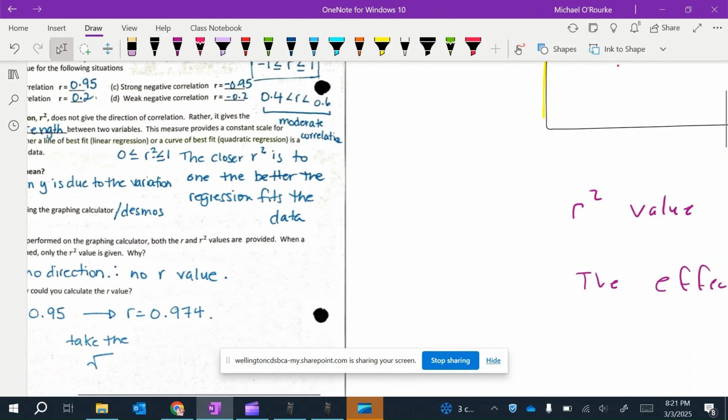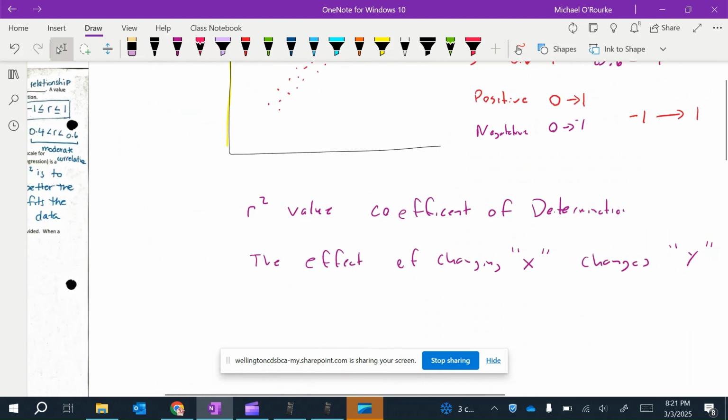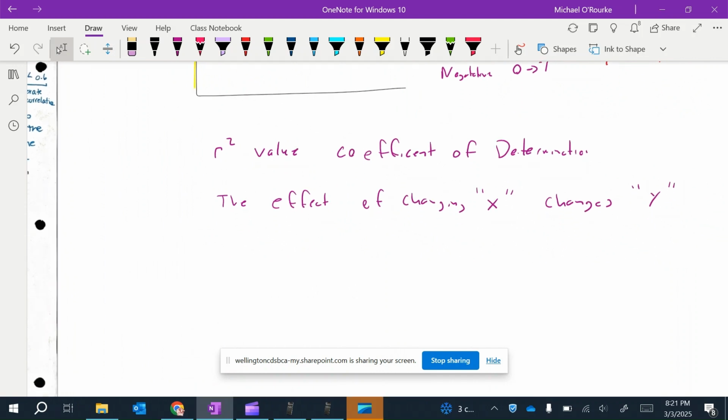So this also has the same ratio as above. The exact same: strong would be 0.6 to 1. Okay? Moderate, 0.4 to 0.6. Okay? It has the exact same numbers along here.